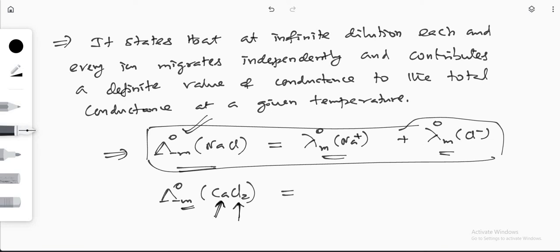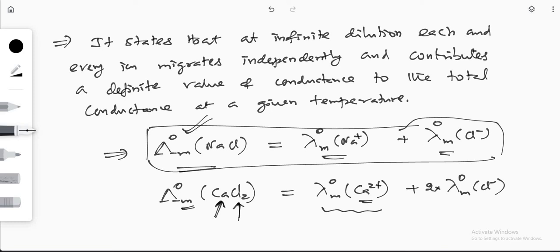So this is the conductivity of 1 mole of calcium ion plus the molar conductivity of 1 mole of chloride ion. But 1 mole of calcium chloride has 2 moles of chloride ion. Therefore, you have to multiply this by 2.